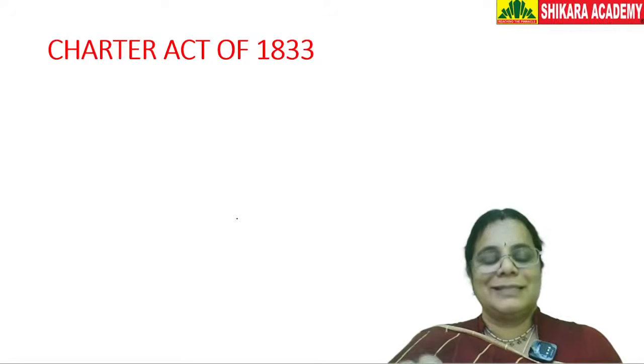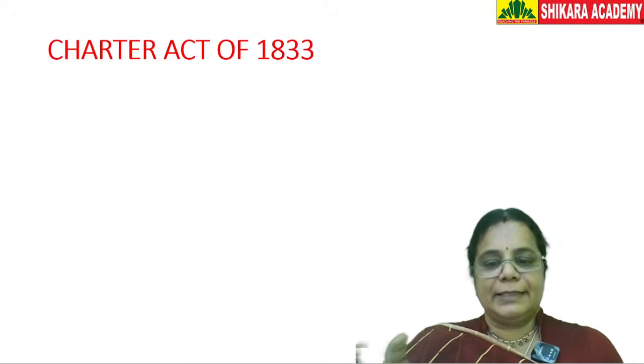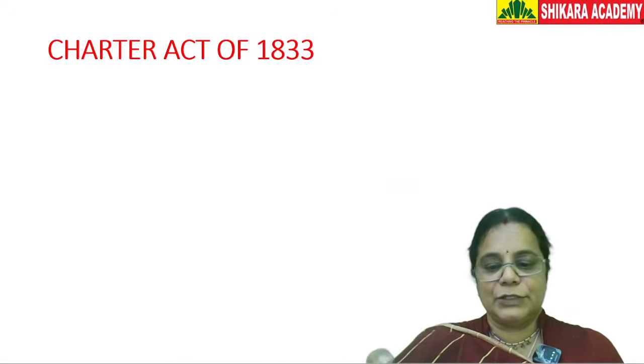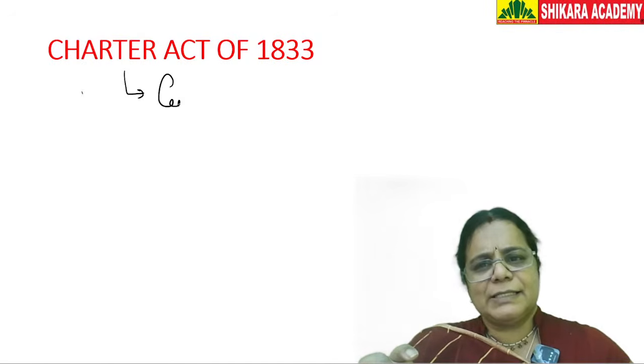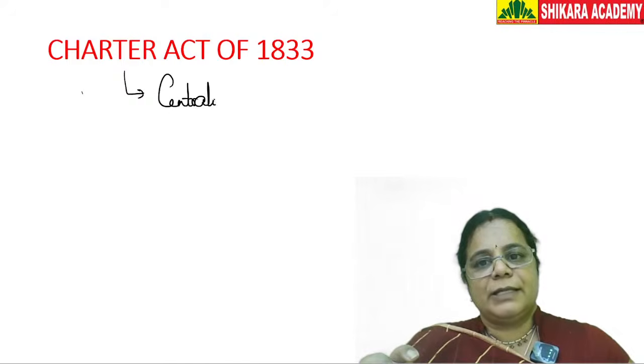Now moving forward, the Charter Act of 1833, a very, very important legislation. Now this legislation is very, very important because it marked a major step towards centralized rule in India. How?